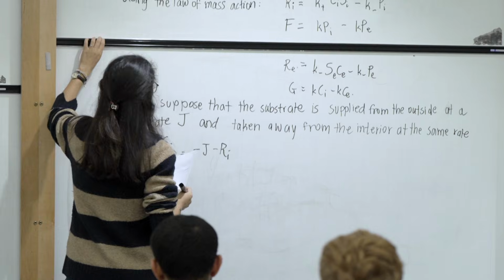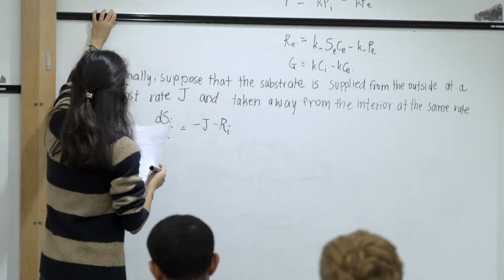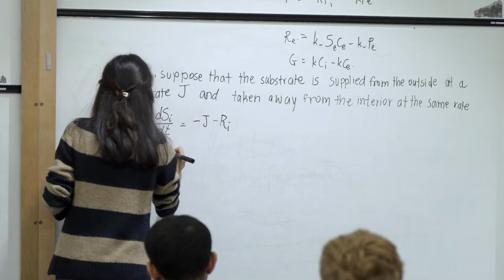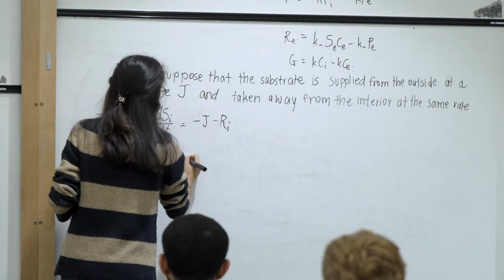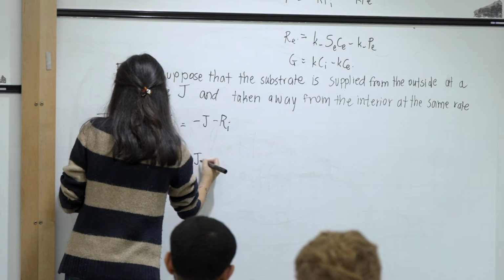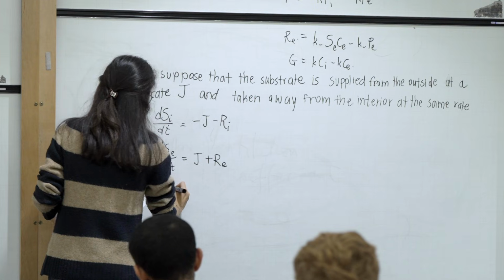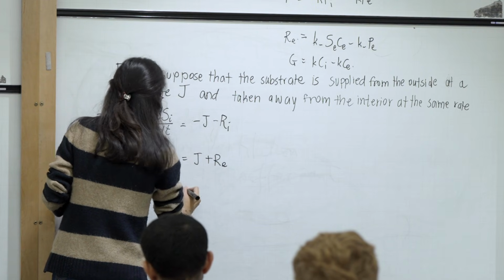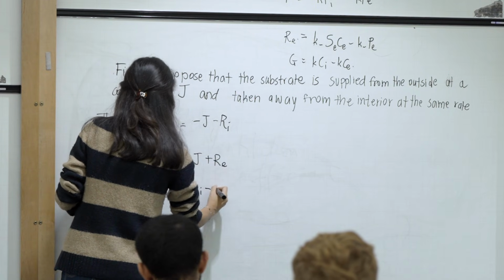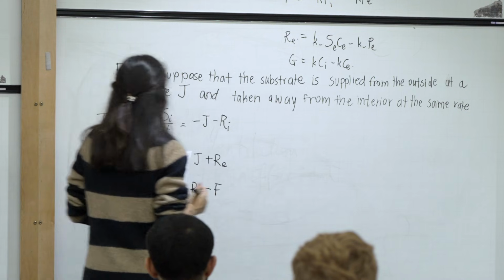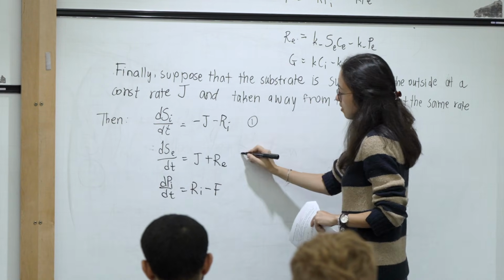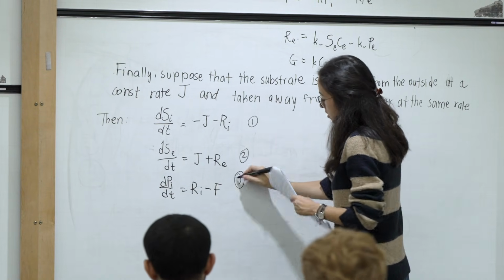Okay, so you get the idea, so I can now write the rest. So the exterior, similarly, can be written, now I'm adding the constant flux, so it's going to be J plus Re. The product is positive Ri minus F. And then you have another three. I'm going to denote them by numbers because I will use it.